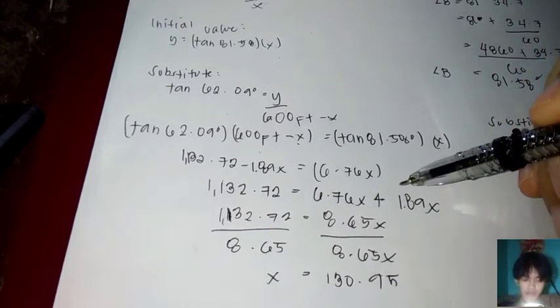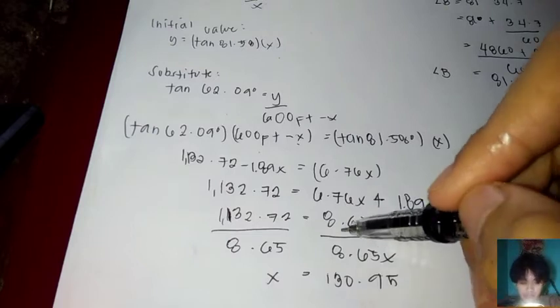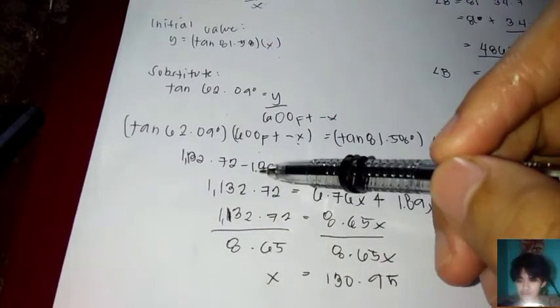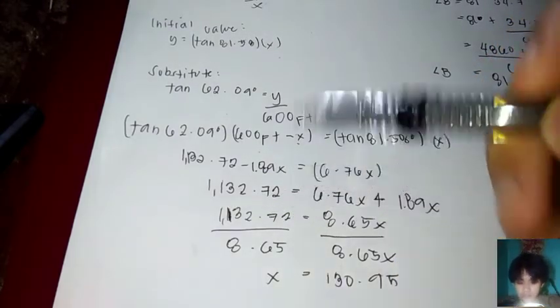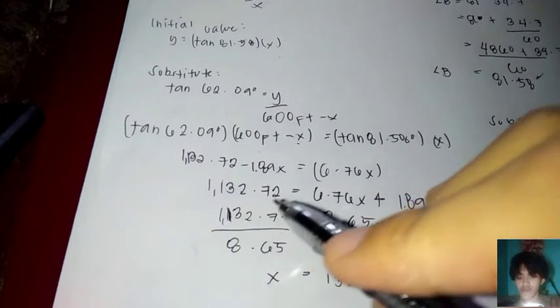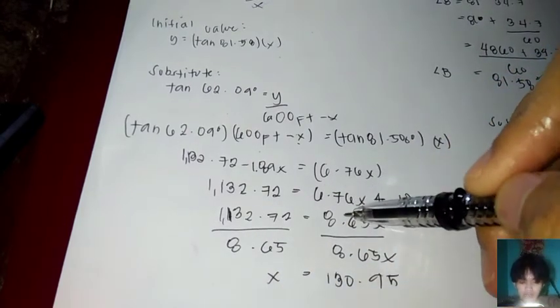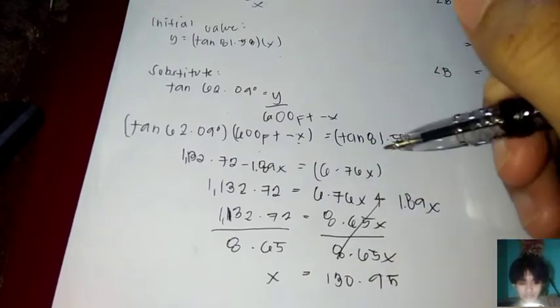So we have 6.76x plus 1.89x. So we have 8.65x. Let's just bring down the 113.272. So to cancel this out, let's just copy the 8.65x. So let's cancel this out.